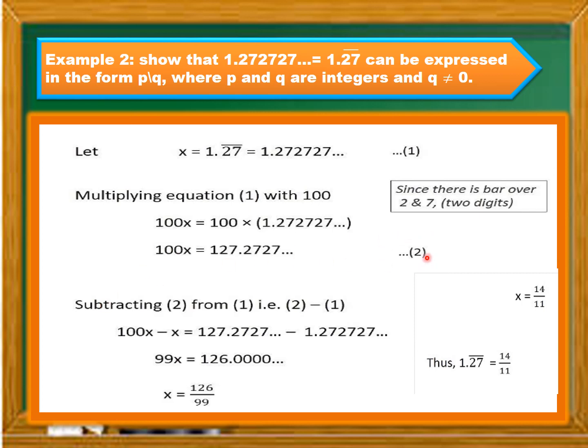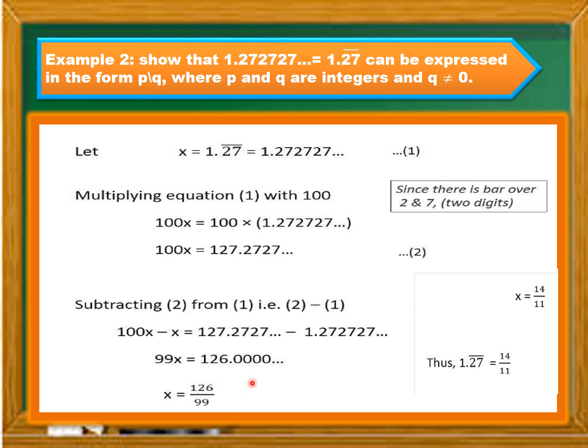And you know the next step: we are going to subtract equation 1 from equation 2. When we subtract, we get 100x minus x on the left, and 127.2727 minus 1.272727 on the right. So 100x minus x gives 99x, and 127.2727 minus 1.272727 gives 126.